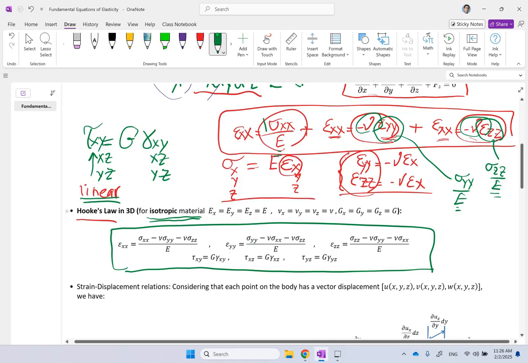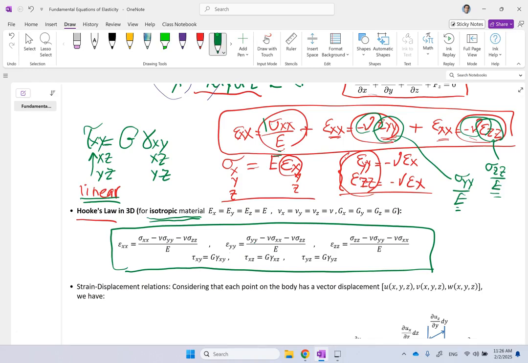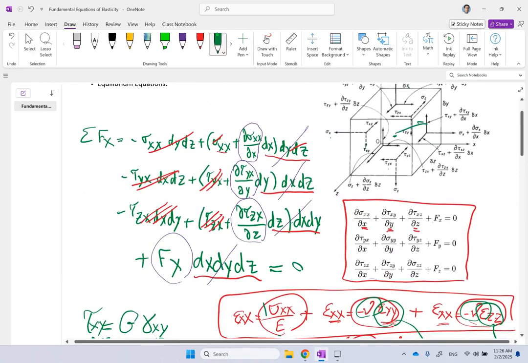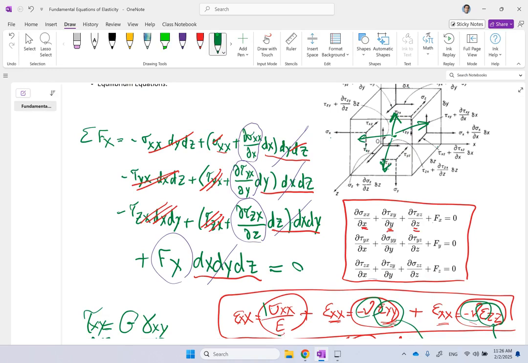What does that mean? It means if you move in this material from this point in any direction, x, y, z, doesn't matter which direction you move, the Young modulus that you have in this direction, x, is the same as the Young modulus that you have in this direction, y, is the same as z.